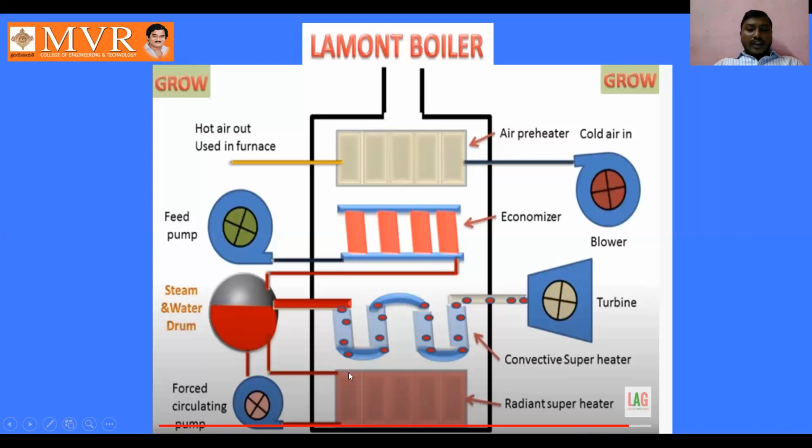Again it is sent into the steam and water drum, and from the steam and water drum it is sent into the convective superheater, where the vaporization takes place and it enters into the turbine. This is the Lamont boiler working principle.